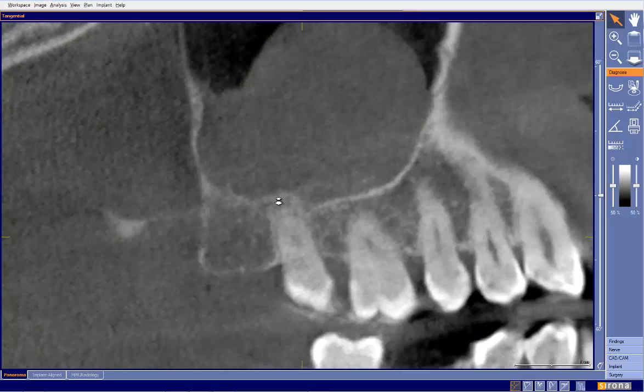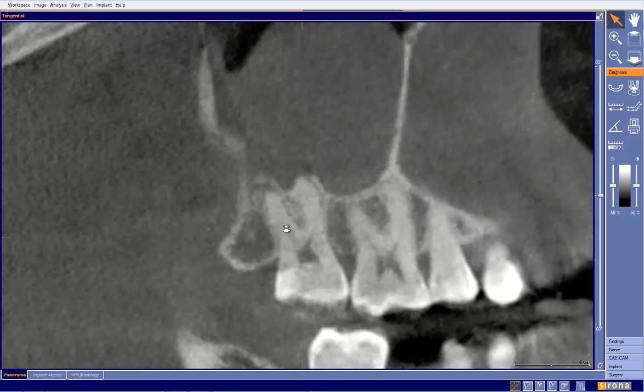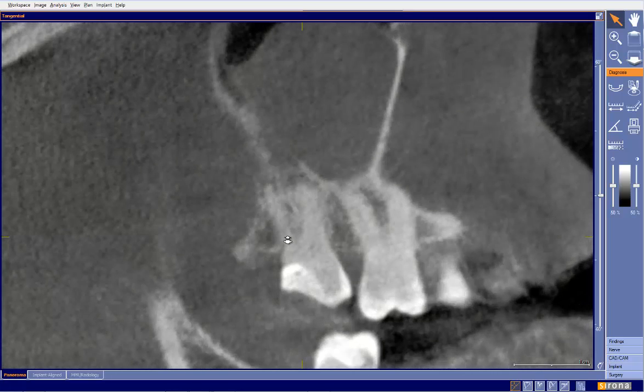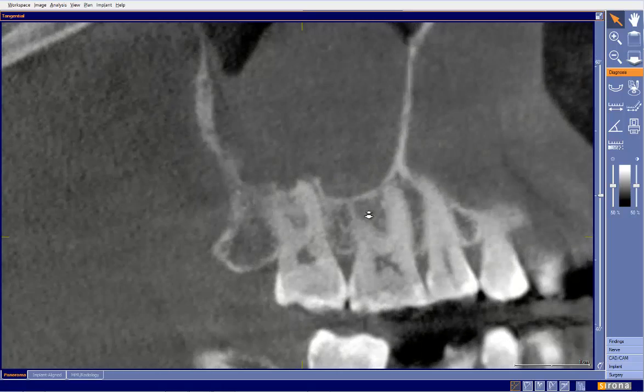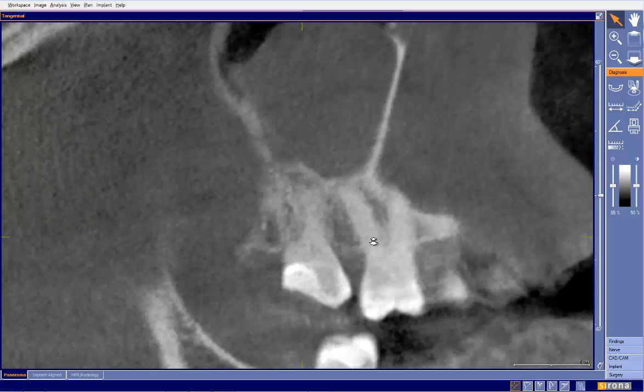As we go through the tooth, everything looks okay, okay, okay, and then boom, right there again. Let me show you this properly. Sinus floor missing. You see how everything looks intact right here? So this is not related to tooth number 3, but related to tooth number 2.